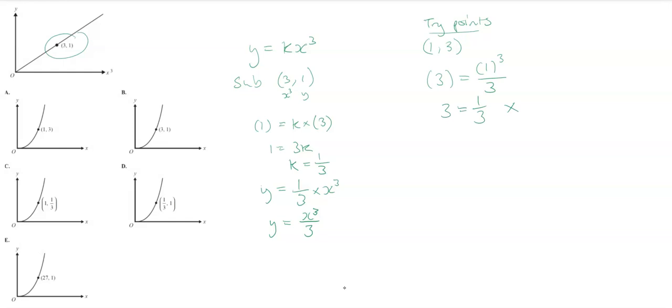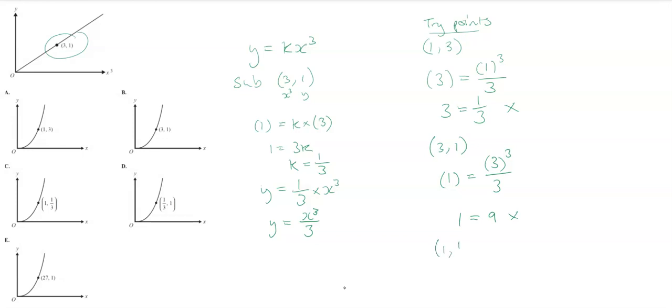Then we're going to try the next one, which is 3, 1. So 1 is now the y value, so 1 equals 3 cubed over 3. 3 cubed is 27, 27 divided by 3 is 9, so 1 equals 9. Again, not true.